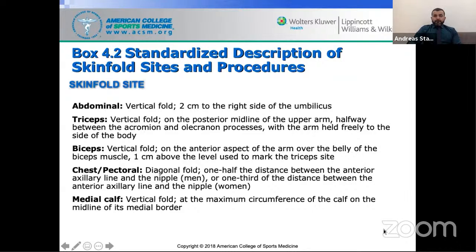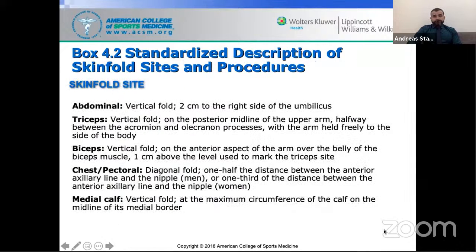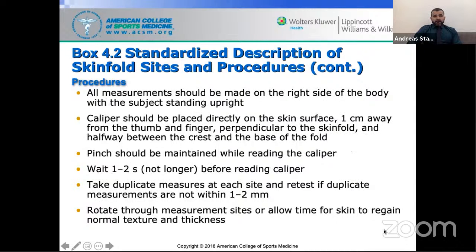I hope you remember all this. I hope you remember we have diagonal folds as well, right? And what else? Always on the right side. Keep the pinch and rotate, for the same reason you rotated when you would use a tape.